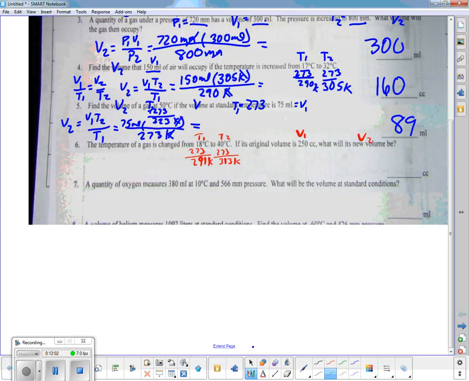Double checking. Okay, again, we're looking for V2. So V1 T2 divided by T1 equals 250 cc's times 313K divided by 291K.